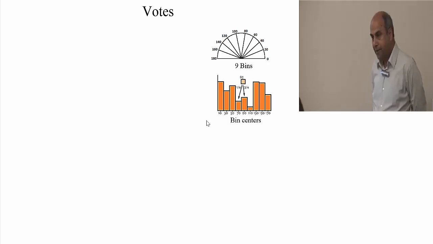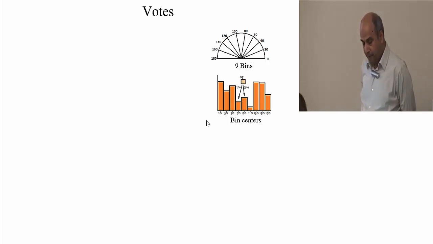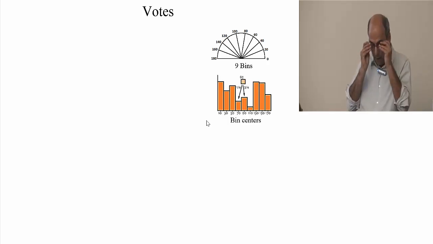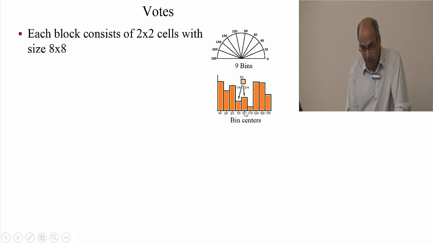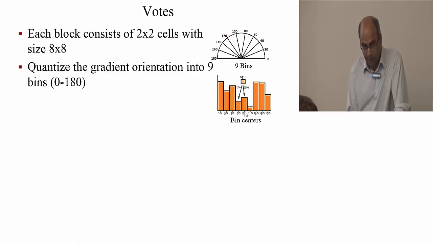Now we quantize these directions into 9 bins shown here, and these are the counts. Suppose the angle is 85, then 1/4 will go to 70 and 3/4 will go to 90. It's like interpolation.